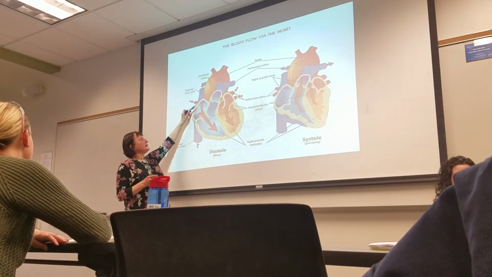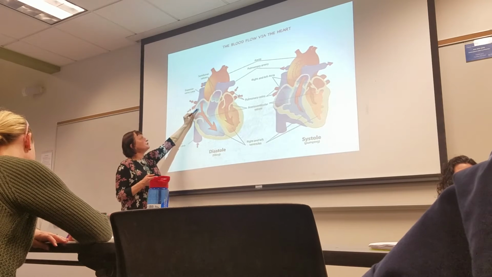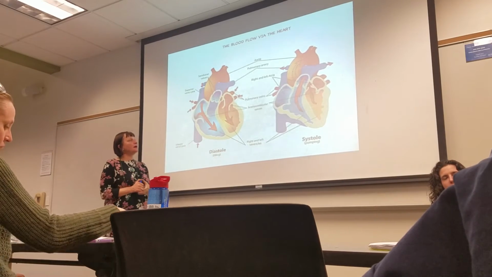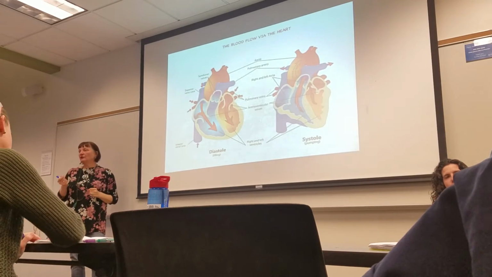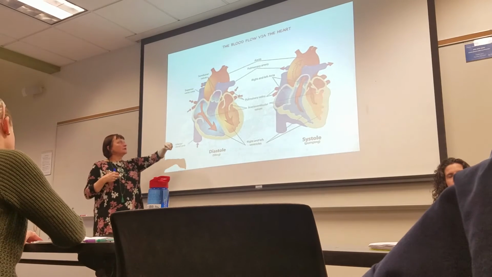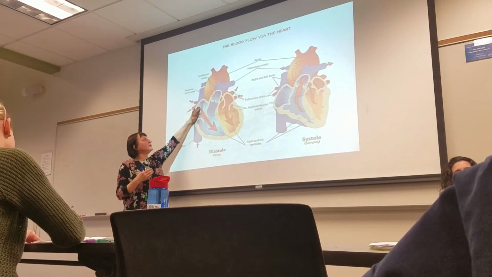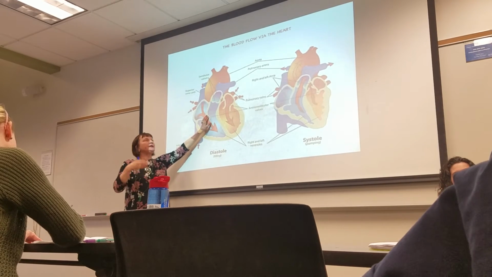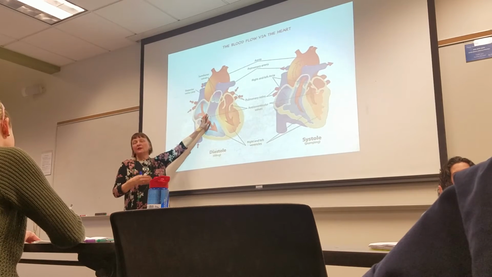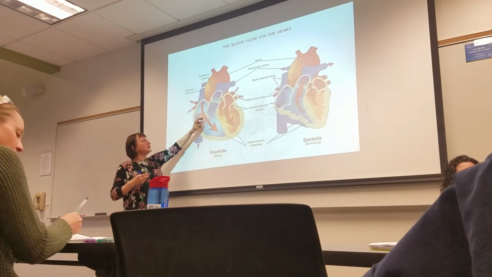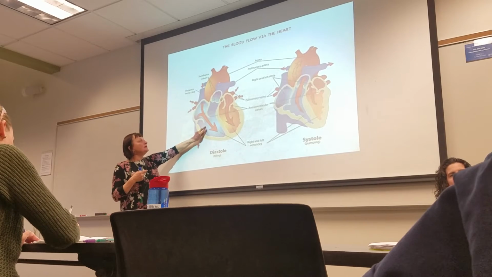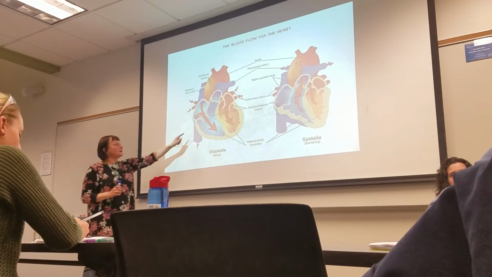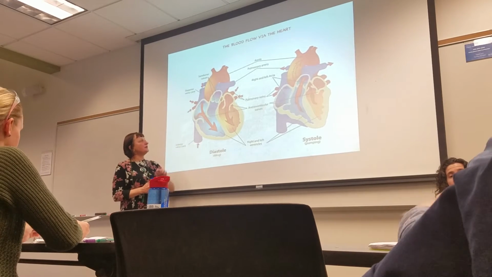But the next step, for blood to go from the right atrium to the right ventricle, is controlled by the first valve on our journey as we follow the blood through the heart. The first valve, the first one-way entryway, the first gate that prevents backflow through the heart, is in between the atrium and the ventricle. They call it the atrioventricular valve. It separates the atrium from the ventricle.